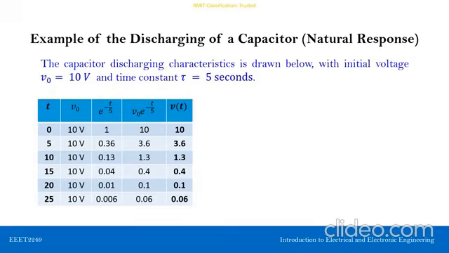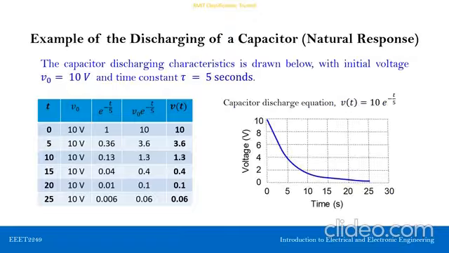We can see that with the increase of t, V(t) is decreasing. Now on the right-hand side, we have drawn the voltage with respect to time, and it shows that at t equals 0, V(t) was 10, at t equals 5, V(t) was 3.6, at t equals 10, 1.3, at t equals 15, 0.4, at t equals 20, 0.1, and at t equals 25, V(t) around 0, which is 0.06.